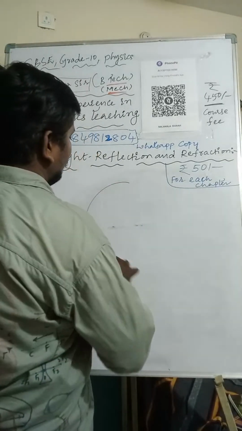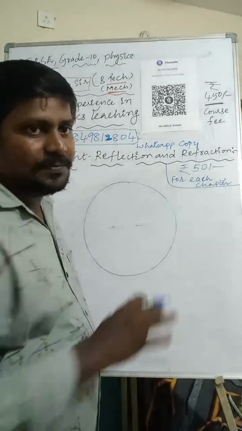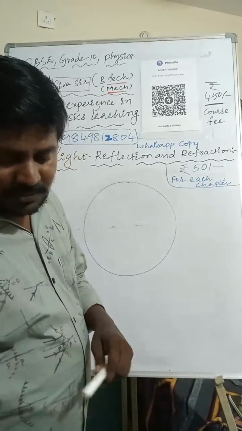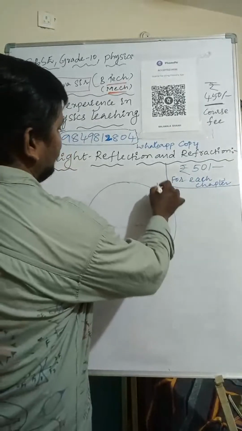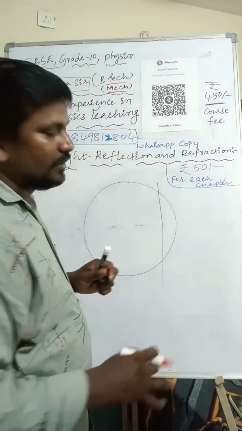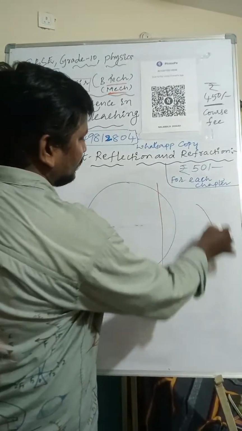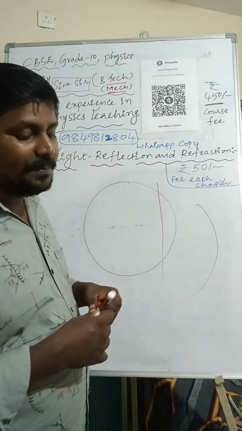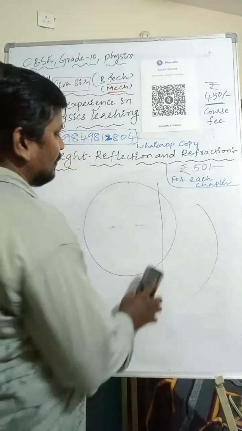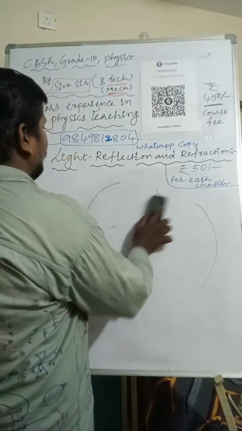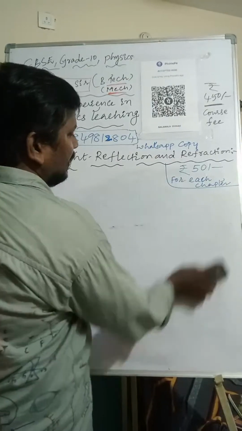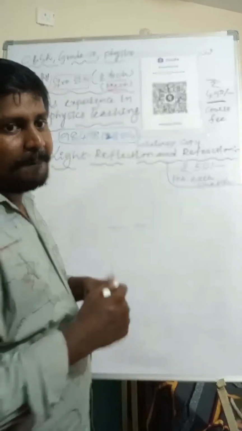It depends on the reflecting surface, so we will be considering concave or convex. Here I am considering the concave mirror like this.